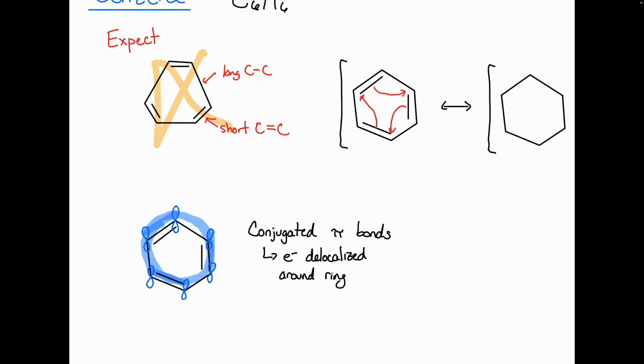If I do my other resonance structure, we see why all these bonds are the same length, because those electrons have spread themselves out to be in both of those positions at once.